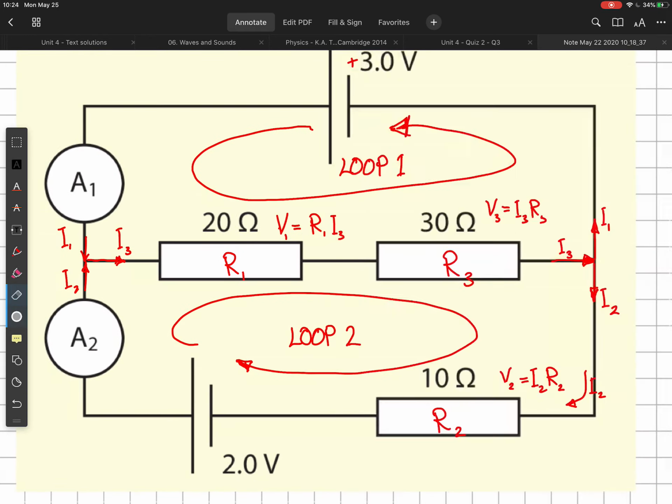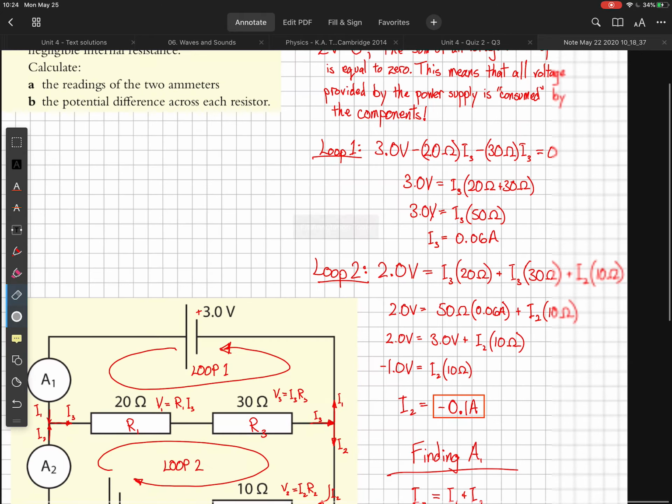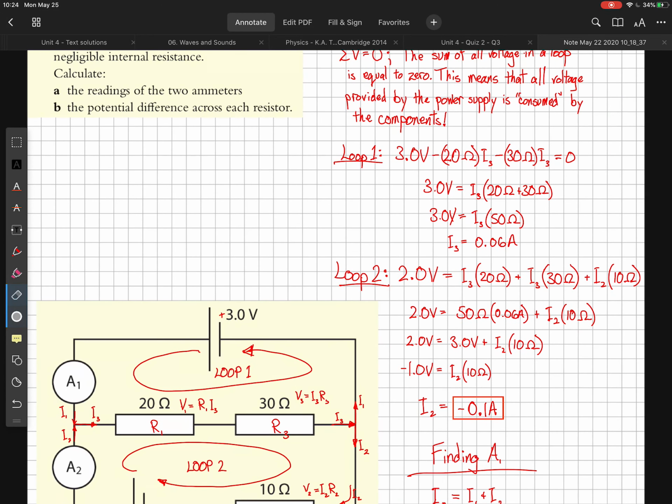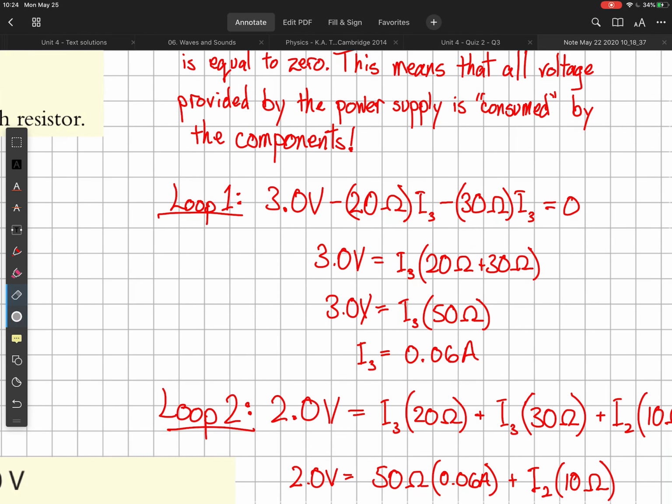Okay, so now let's do the math. Once we've set this up, it's fairly straightforward. So here we have, as I described it earlier, V sub 1 and V sub 3. And so we have V sub 0 minus V sub 1 minus V sub 3 equals 0, okay?